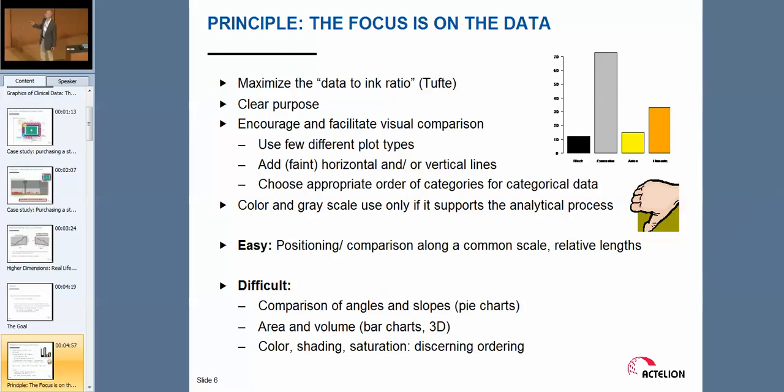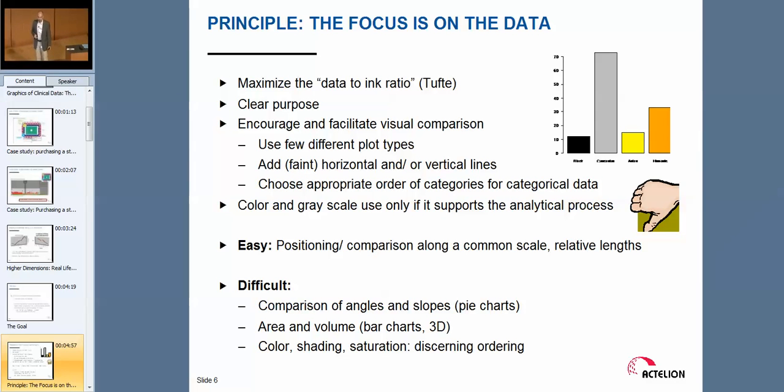This bar plot basically displays 4 numbers, and it uses about 1,000 pixels to display 4 numbers. That's pretty inefficient, really. Actually, the only information it carries is the height of the bar of this category is here, the height of this bar is here, this is here, and this is here. So you could use a single pixel for this data point, a single pixel for that one, and a single pixel for the other two, and you could get away with 4 pixels and have exactly the same information.